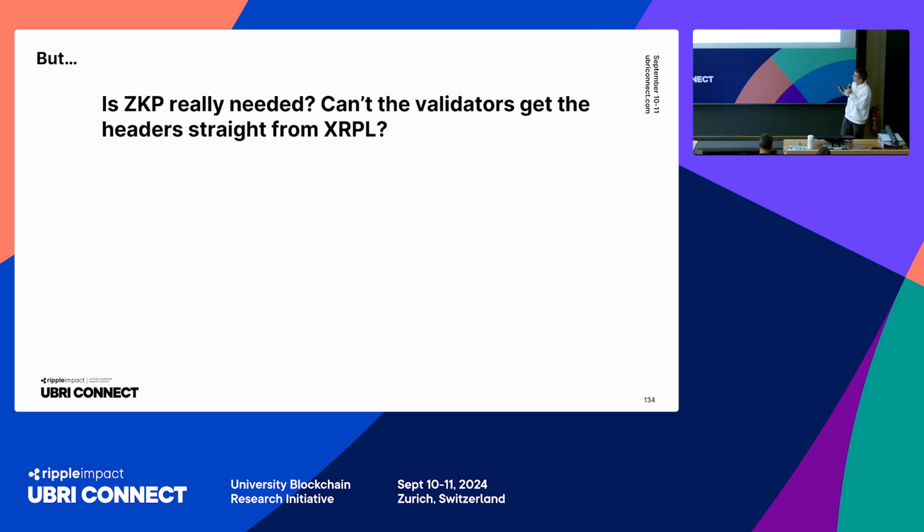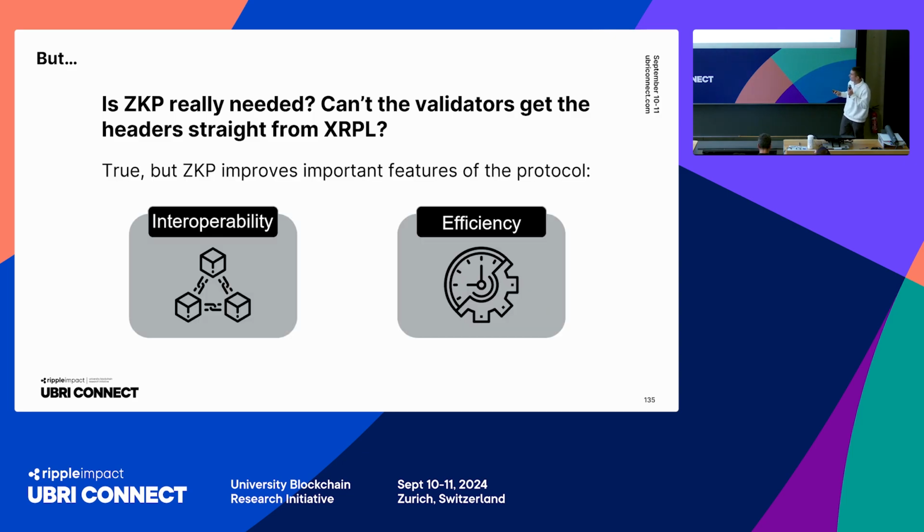But the question now is, is zkP really needed? Can't the validators get the header straight from the EVM sidechain? The answer is yes. But zkP provides two features; it doesn't provide them, it makes them much better.